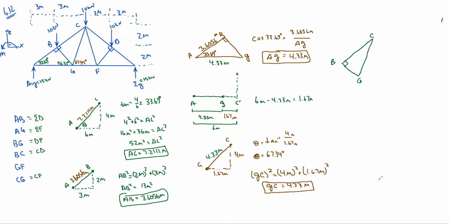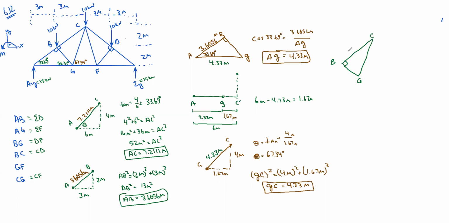Hold on one second. All right, so BC, I know from this calculation that AC is 7.2111. That's a fact. I know that AB is 3.6056 meters, so that's a fact.